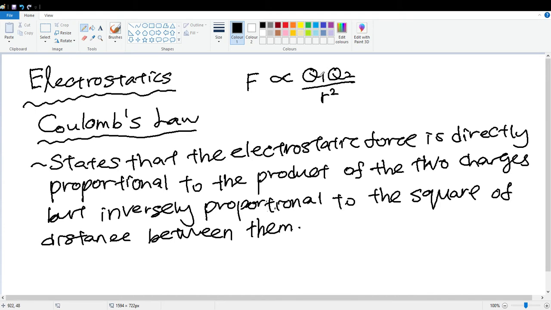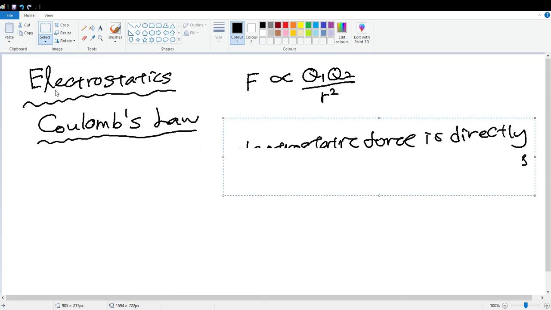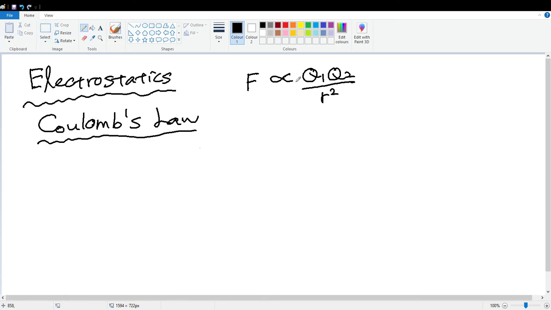We are able to write Q1 Q2 in capital letters or in small letters. So in this relation, the equation is F equals a constant times Q1 Q2 over R squared.